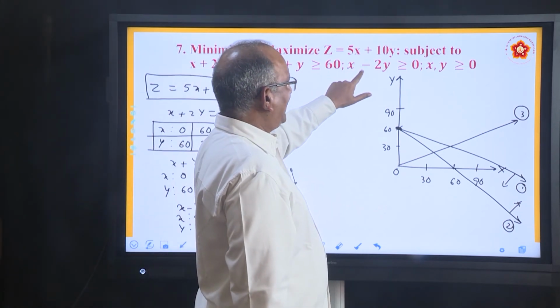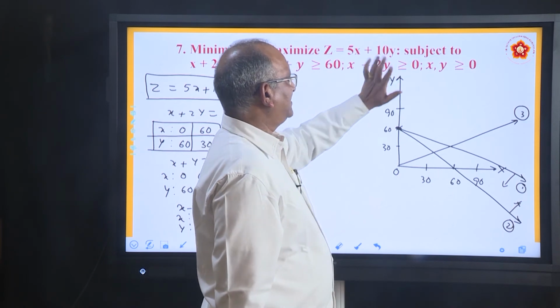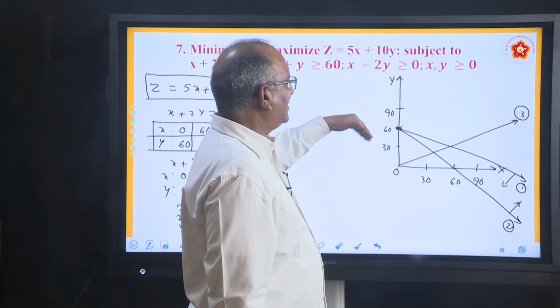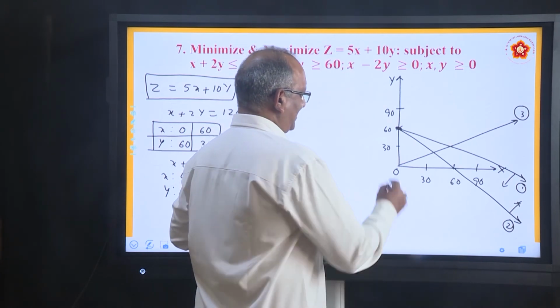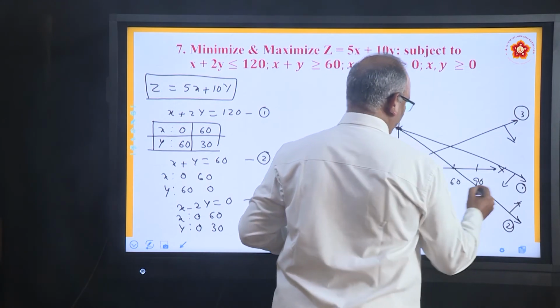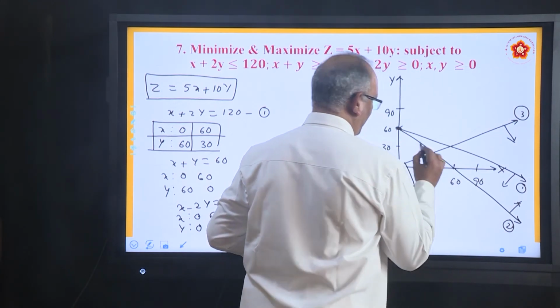0 minus 120 is greater than 0. A negative number cannot be greater than 0. So you have to shade in the other side. Other side means where this 60 is not there. So it is below. This shading is below.